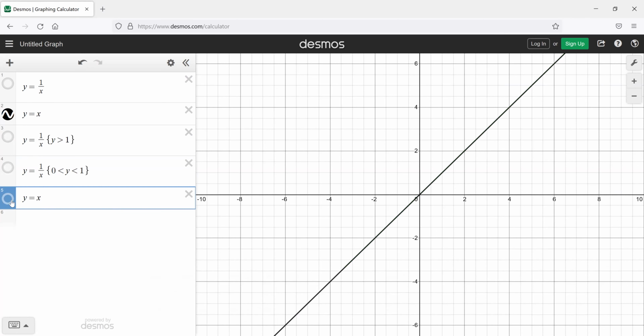Okay, it's not as interesting, but the 1 over x is really cool. It's also got some other neat properties that are useful in physics and engineering. But for your purpose, I would just try to remember that it's a mirror image over this line right here. Yeah, I see that.